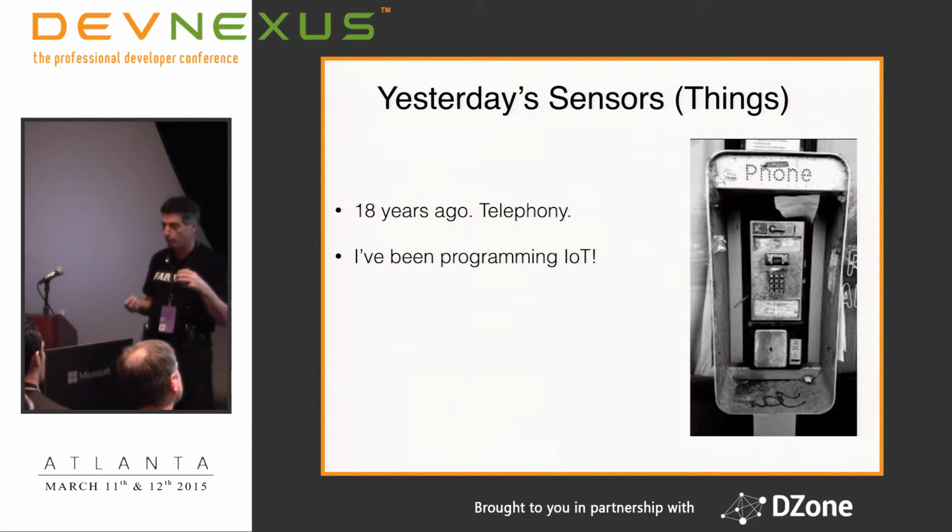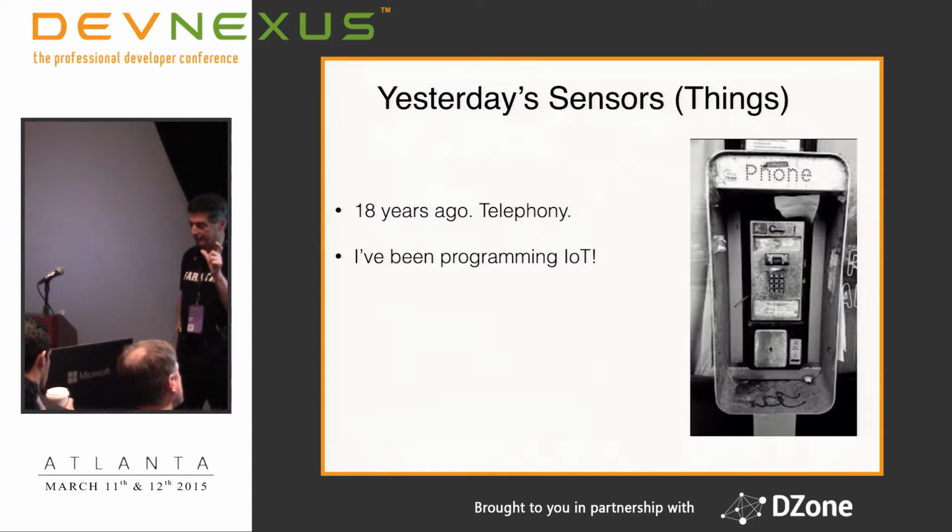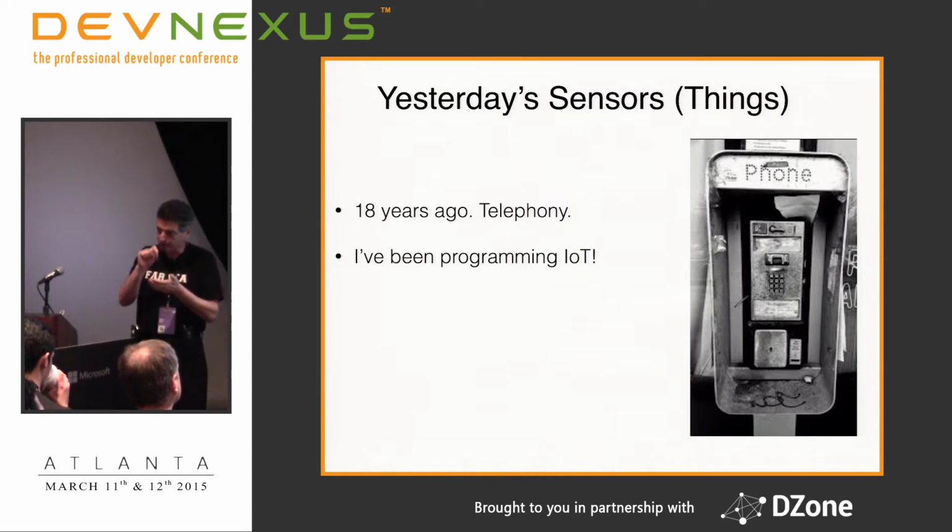So we wrote a program that was catching the signals from these phones. For example, somebody cut off the receiver, or maybe the coin box is full or half full, so you send the technician to pick up the money or to fix the phone. Even back then we were doing telephony, there were sensors, and we were checking every bit on that signal to figure out what's going on.